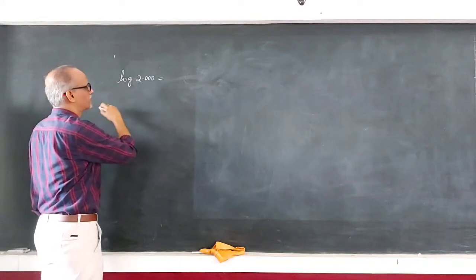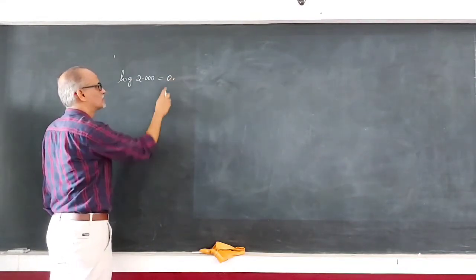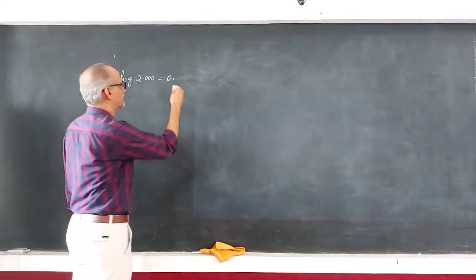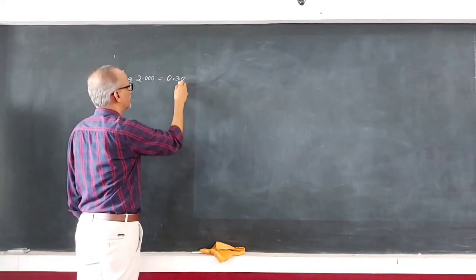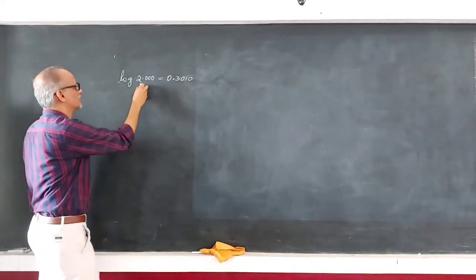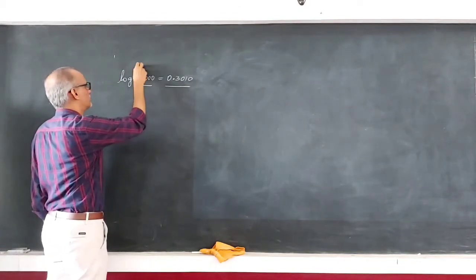And when we find the log of a number, we get two parts. One is a characteristic, which is 0 in this case. And then we get the mantissa, which we can find using the logarithmic table, and we get that as 3010. So this is the number, and this is the value of this number.